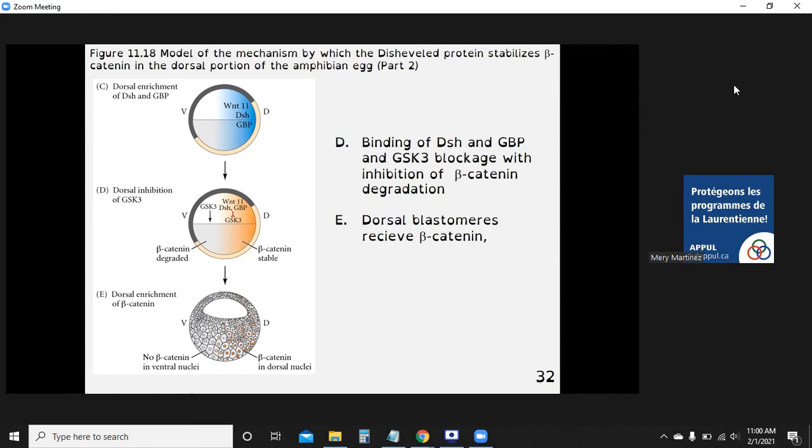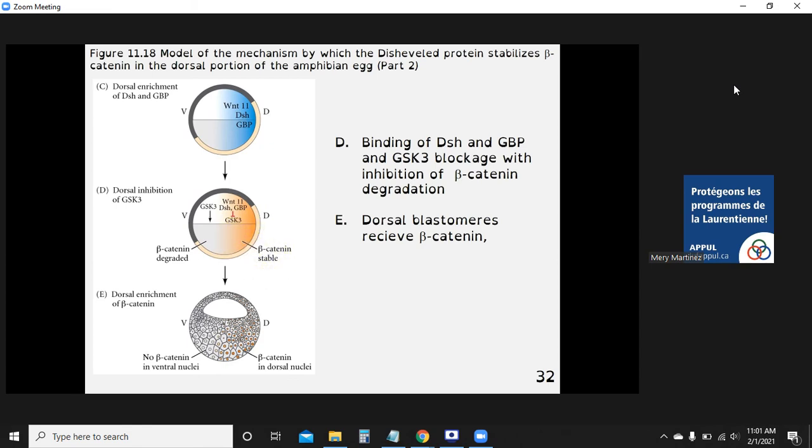And then in E, we see the same thing as we saw in the earlier embryo, remember? Here we have the beta-catenin, the nuclei of the blastomeres in the dorsal region of the embryo receive the beta-catenin. We don't see it anywhere else in the ventral side, but it is in the dorsal side of the embryo. We see that beta-catenin is accumulating here, and that's why we think that these three factors are blocking the GSK3 that normally will degrade that beta-catenin.